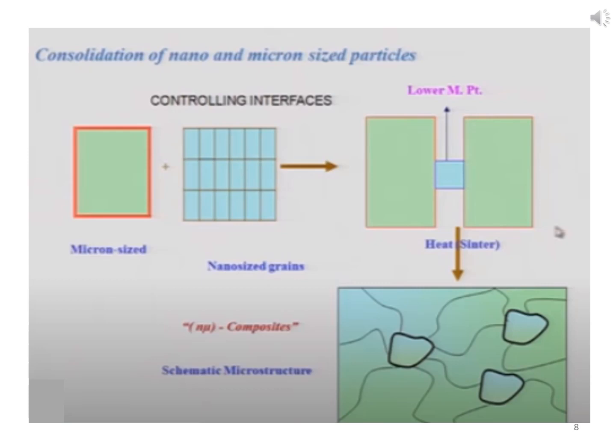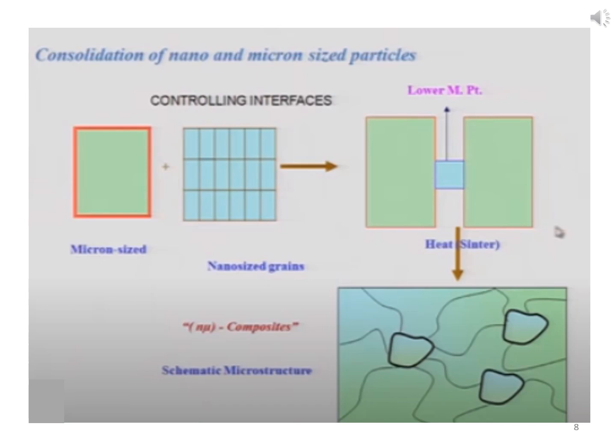In this scheme you can see that you get grains of nano and micron sized particles which are highly compacted. In this schematic diagram, the microstructures of nanoparticles and micron sized particles, when sintered, combine together and form a structure like this.